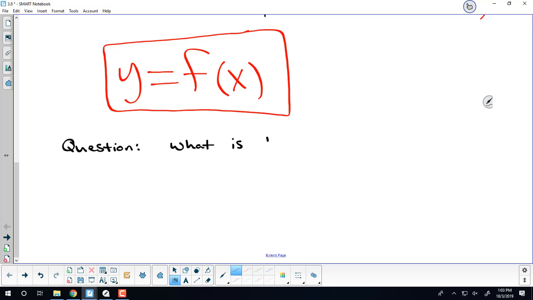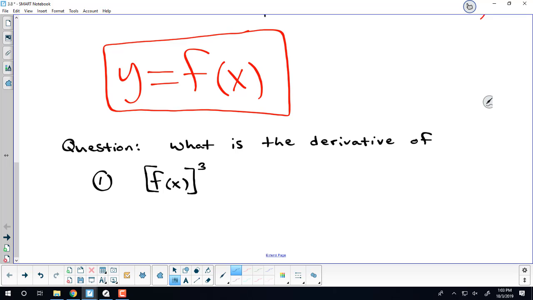What is the derivative of f of x to the 3rd power, with respect to x?